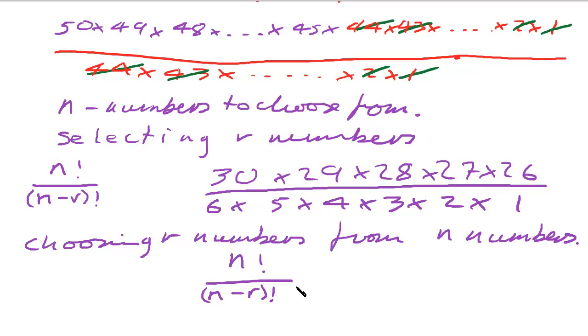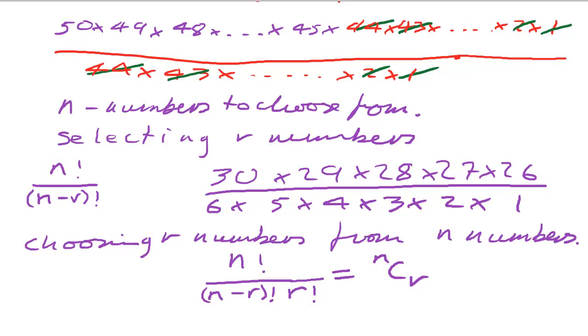Okay, that gives you the permutations, but to make it into combinations where the order doesn't matter, we don't care about the order, we need to divide by a further R factorial, the number that we're choosing. So we're choosing R numbers from n numbers. We get a formula for n factorial over n minus R factorial, and this is equal to a button on your calculator. It's called the NCR button.